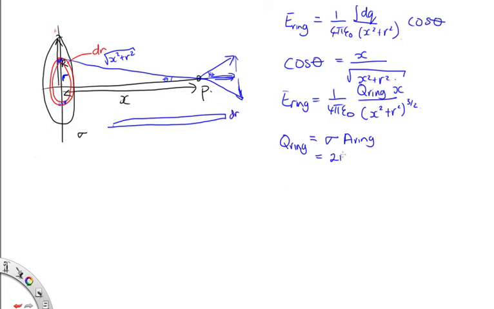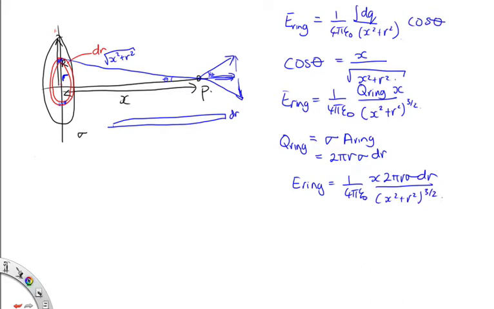So this will be 2 pi r, that's the length here, times sigma times dr, that's the thickness. So that's the area of that rectangle. So we can just put this in here. Our electric field of the ring is equal to 1 over 4 pi epsilon naught times x times 2 pi r sigma dr over x squared plus r squared to the 3 over 2.